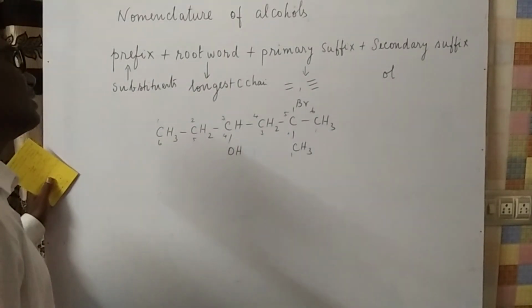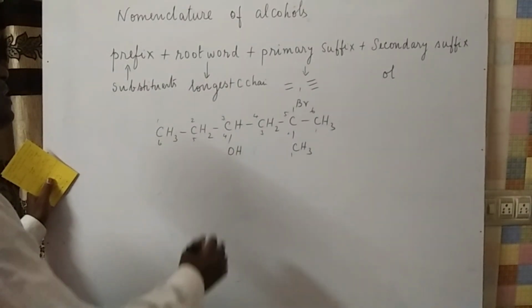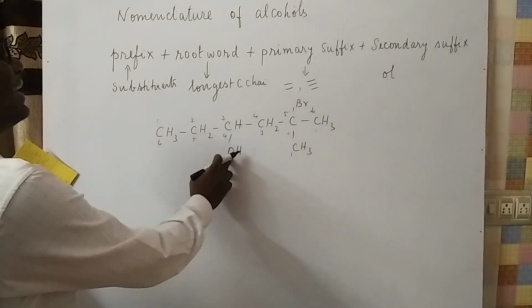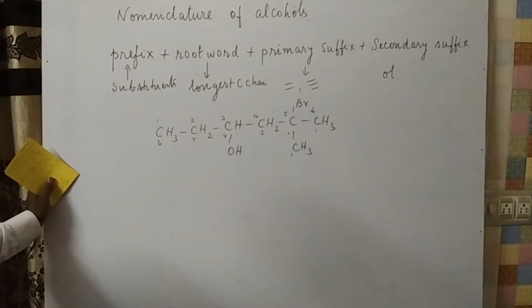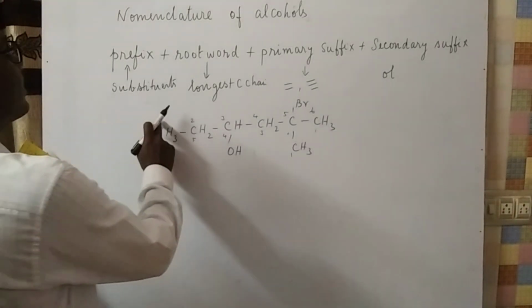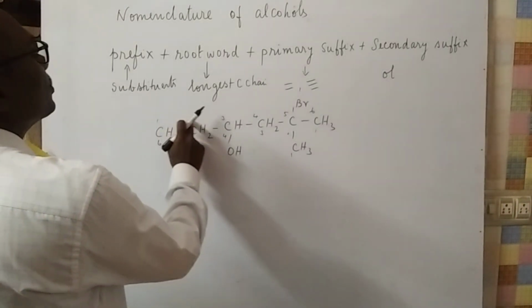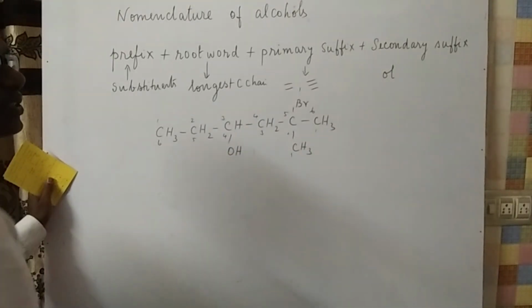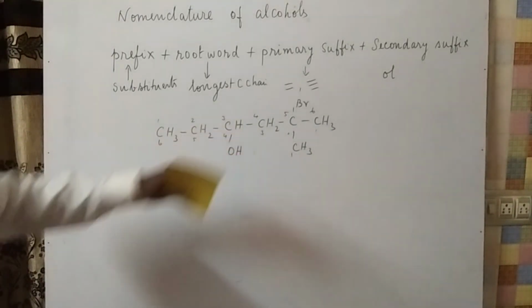That numbering is correct where the OH group, the functional group, is getting the least number. So this numbering is good, because the OH group is getting the number 3.